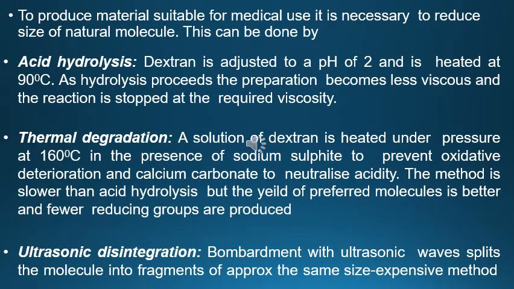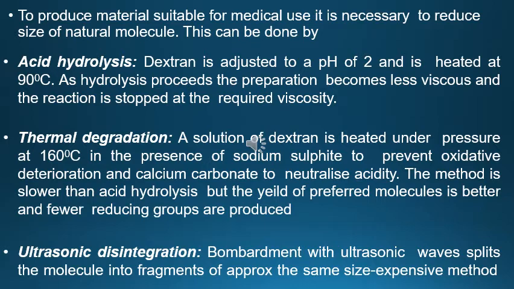To produce a material of suitable molecular weight, there are some methods. The first method is acid hydrolysis, in which the dextran is adjusted to pH 2 and is heated at 90 degrees Celsius. As the hydrolysis proceeds, the preparation becomes less viscous and the reaction can be stopped at the required viscosity. The second method is thermal degradation, wherein the solution of dextran is heated under pressure at 160 degrees Celsius in the presence of sodium sulfite.